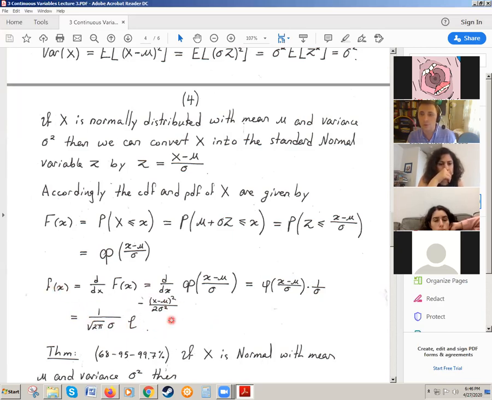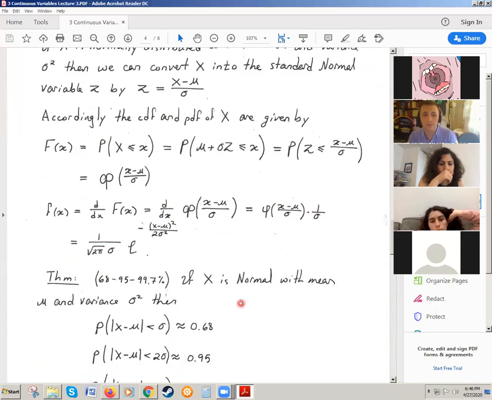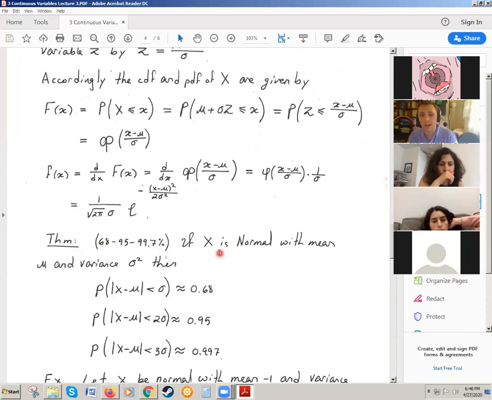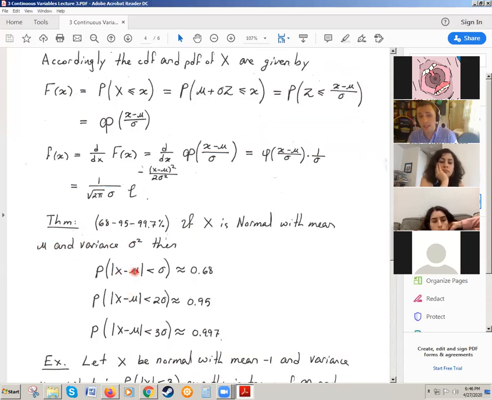And you might be familiar with the following rule: the 68, 95, 99.7% rule. And that tells you that if x is normally distributed with mean mu and variance sigma squared, then the probability that x falls within 1 standard deviation away from the average is 68%.